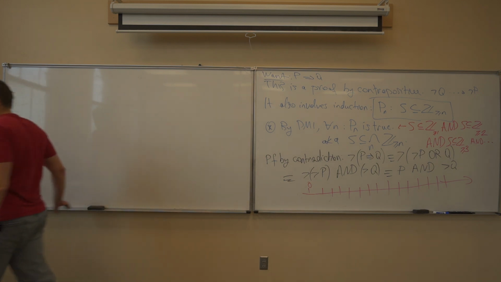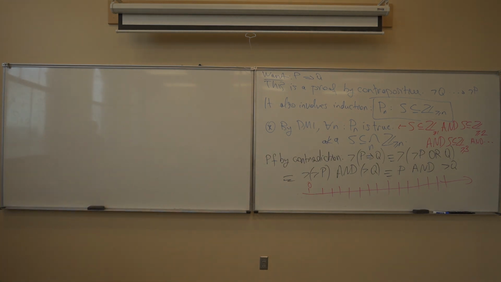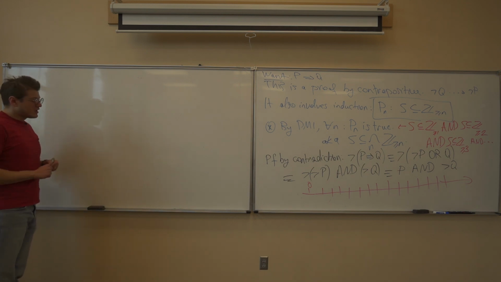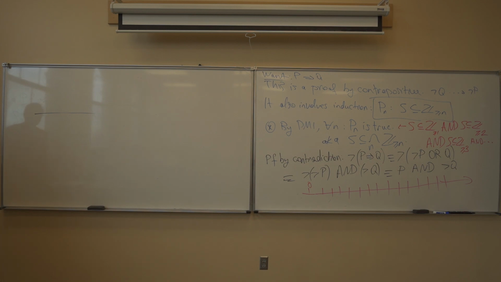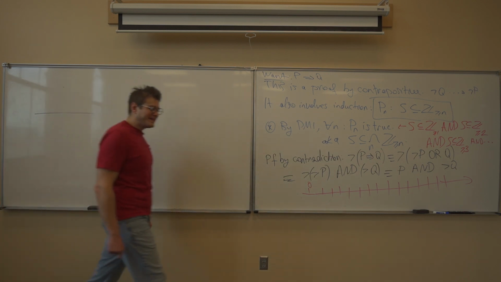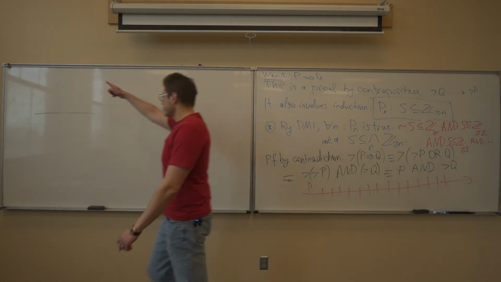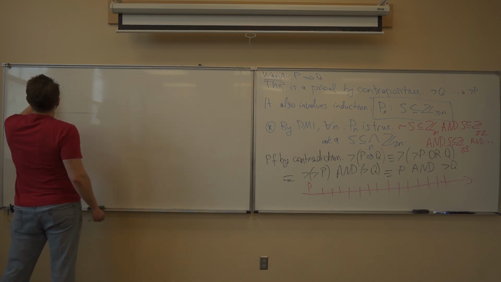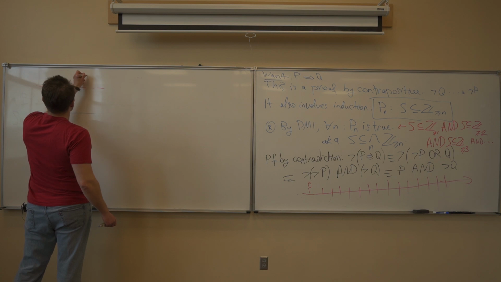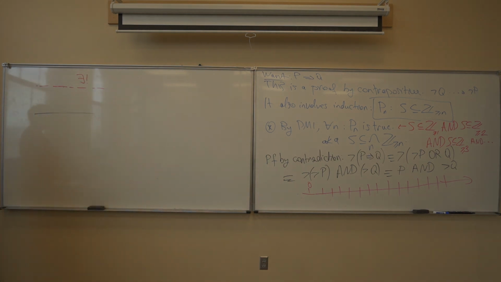And one of the axioms was this: if you have a line, and if you have a point outside the line, then there's a unique line passing through this point that doesn't intersect this one. This is the famous fifth axiom of Euclidean geometry.